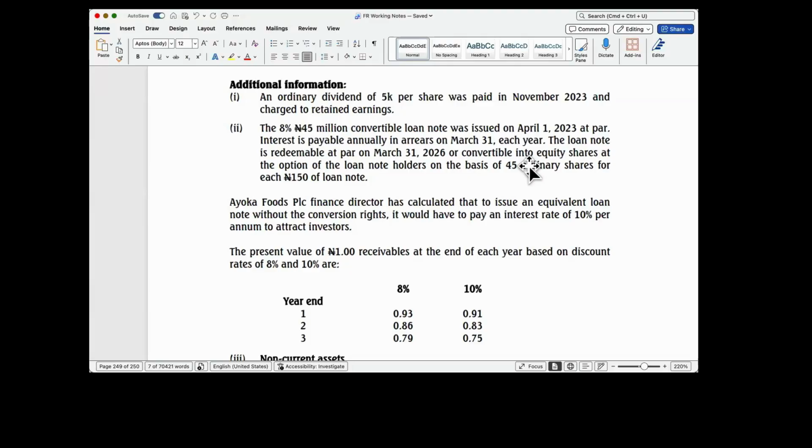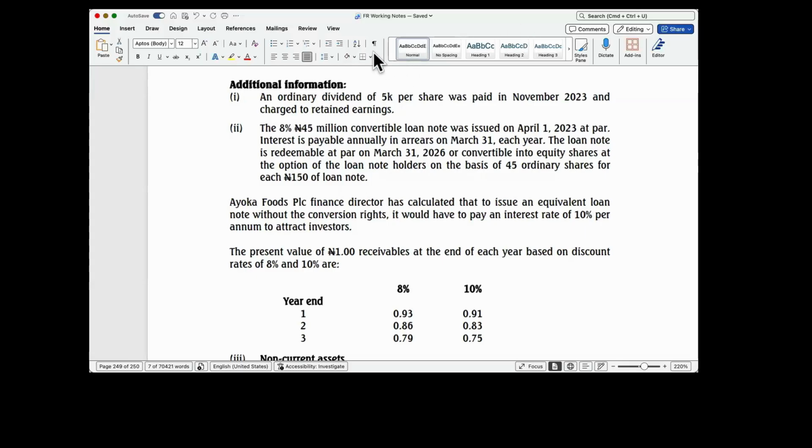Because the issuer does not know whether the loan note holder will ask for his money at maturity or will be ready to convert to shares. As you can see, they told you in this question that it is at the option of the loan note holder. He's the one that will decide. So the issuer does not know.